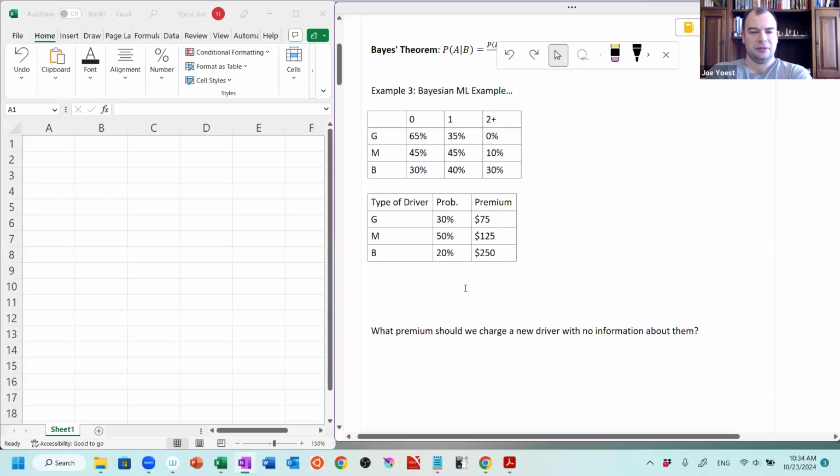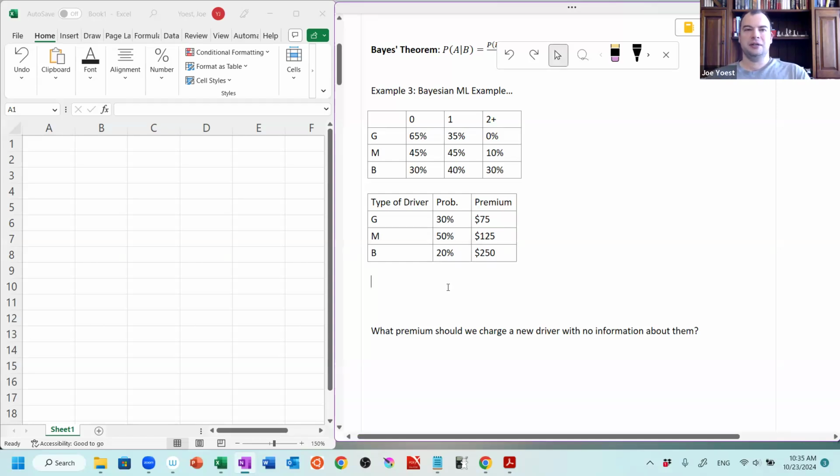So the conceptual shift here is, instead of looking at this driver and saying, okay, this person is either a good driver, a moderate driver, or a bad driver, they're one of the three. I don't know which one, so maybe I'll guess they're a moderate driver because that's in the middle.